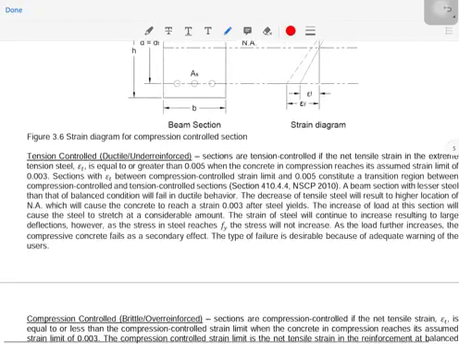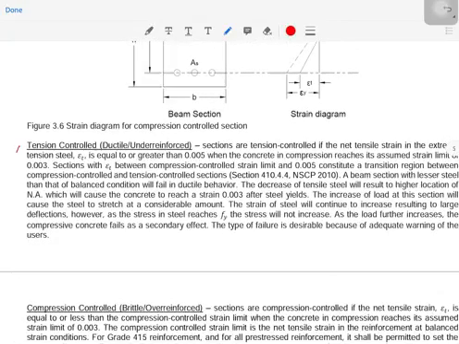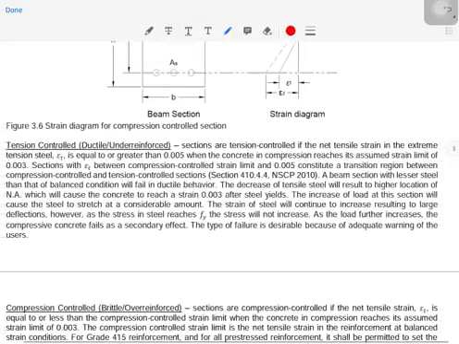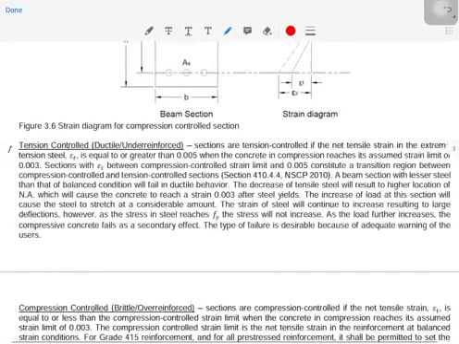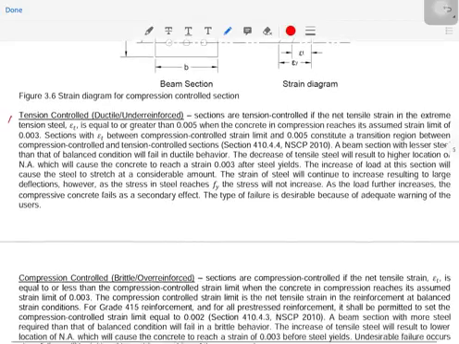Now how about the tension controlled or the ductile or the under reinforced condition. Sections are tension controlled if the net tension strain in the extreme tension steel, epsilon t, is equal to or greater than 0.005 when the concrete in compression reaches its assumed strain limit of 0.003.